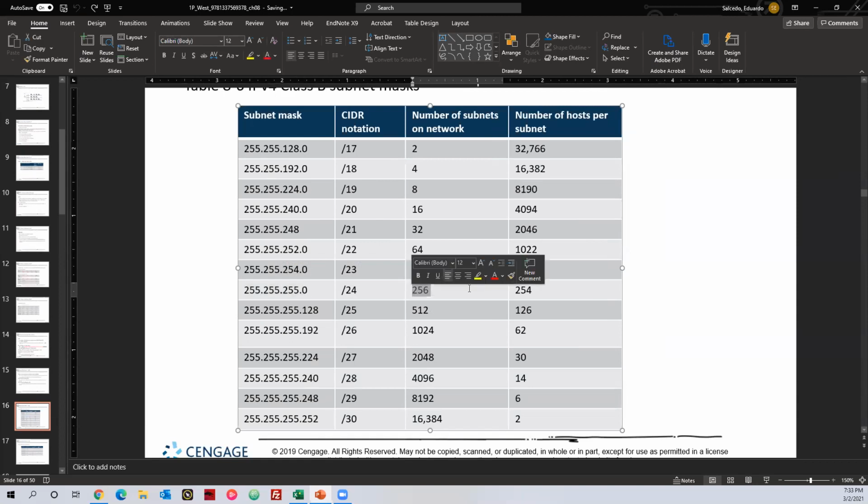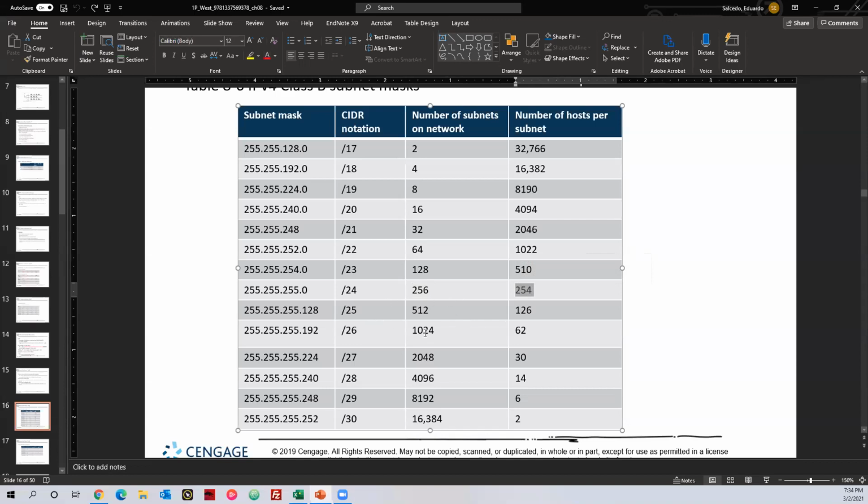You will be able to have 256 hosts, let's say, IP addresses, but you will only be able to use 254. Because the first and the last one you don't use.